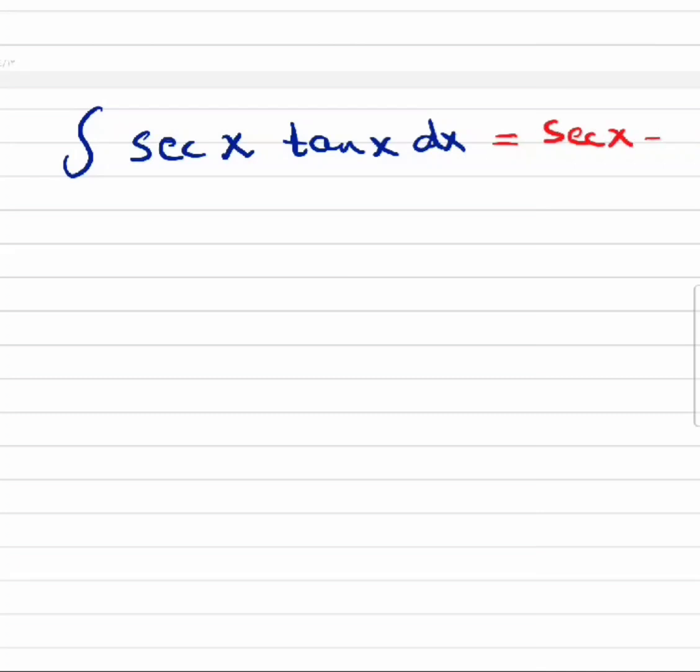The antiderivative of secant x tangent x: the derivative of secant is secant tangent, so this is equal to just secant x plus c.